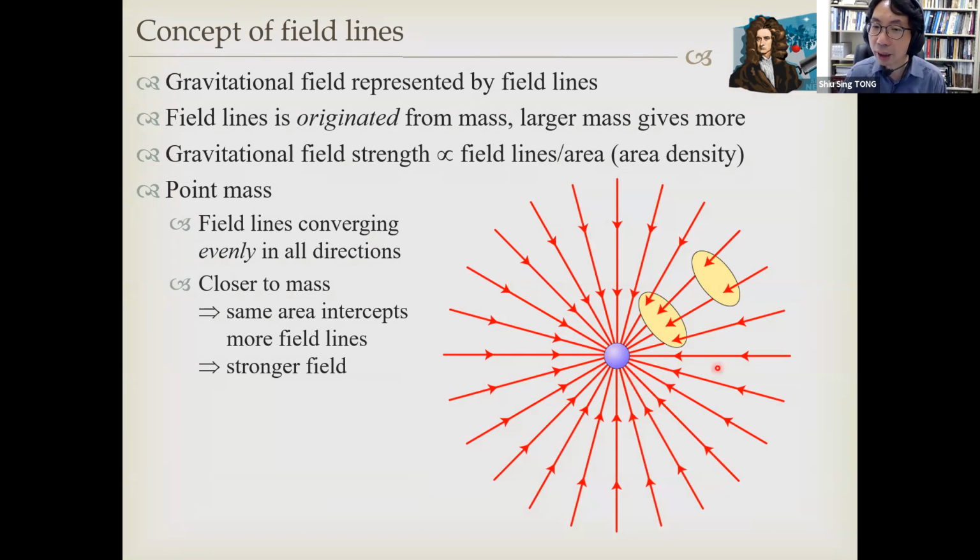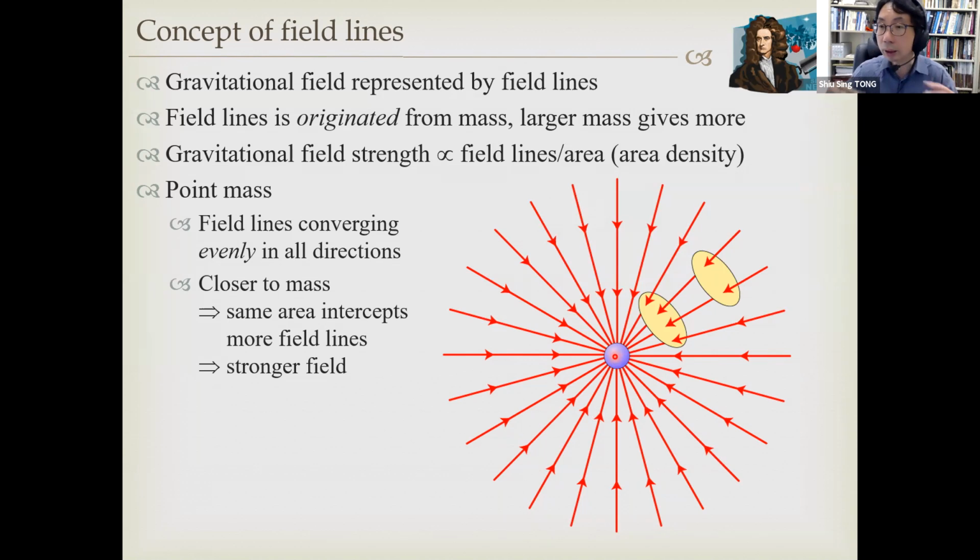Now I think you have learned this kind of figure before. Gravitational fields, electric fields or magnetic fields can be represented by field lines. You just draw the field lines, right? Now for a point mass or a small spherical mass, you can imagine that the gravitational field lines are converging towards it. And the convergence of the field lines is even in all directions, because the mass is spherical, it's a point, right?